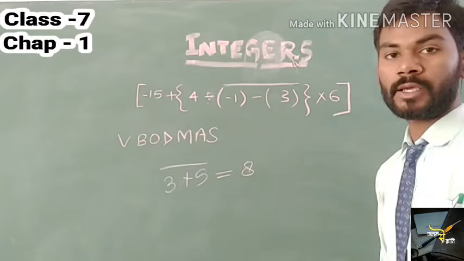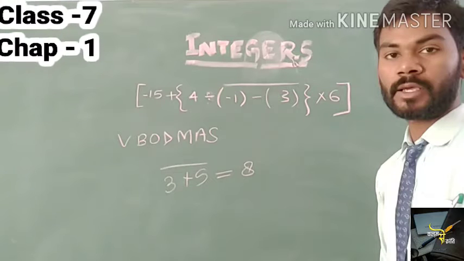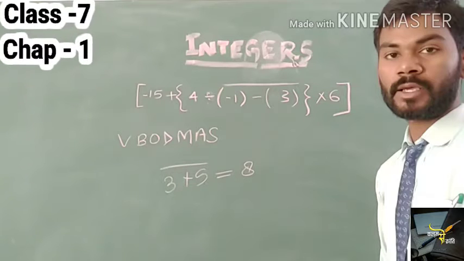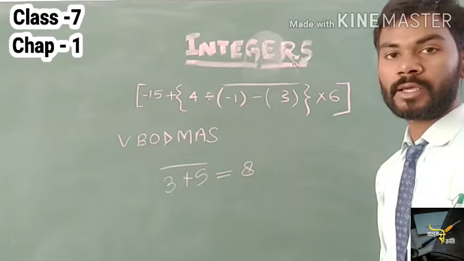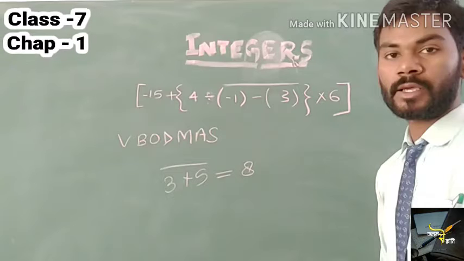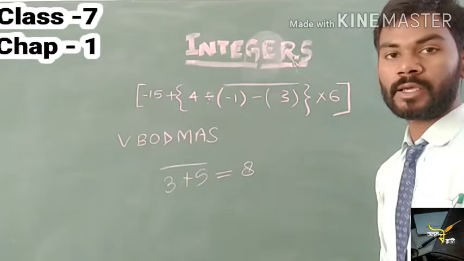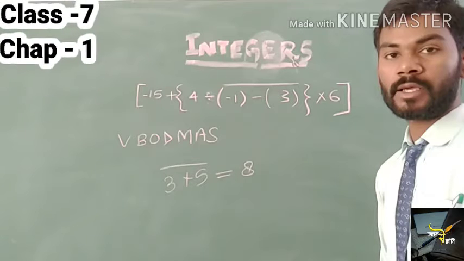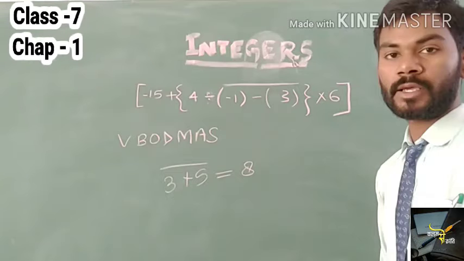This may also be written as -15 plus 4 divided over -1 -3, multiplied by 6. Now here we can see that the bar is present only on -1 and -3.